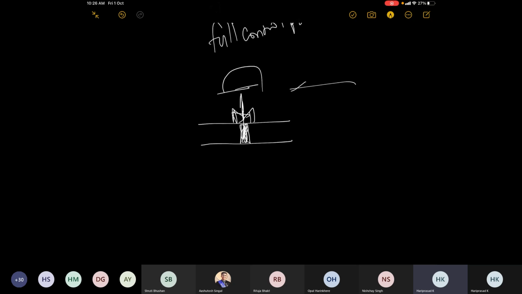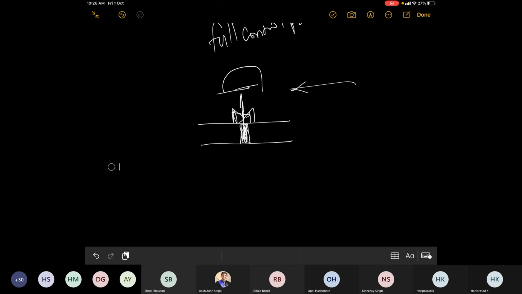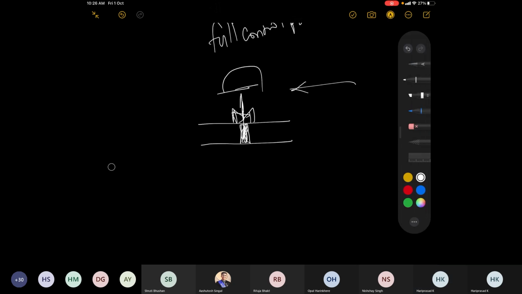So you can supply full control action. The stem might fully move up. So you would see that there is full flow.